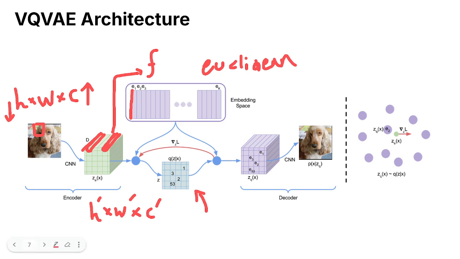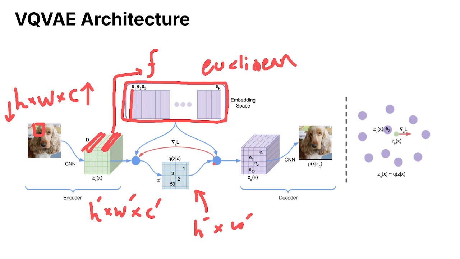So if this was h prime by w prime by c prime, this is going to be only h prime by w prime, because the entire vector is represented by the index. So 1 basically means this one, 2 basically means this one, and 53 basically means the 53rd vector. This code book can be confusing, but this code book itself is synonymous with a vocabulary in LLMs, right? This is our dictionary basically.